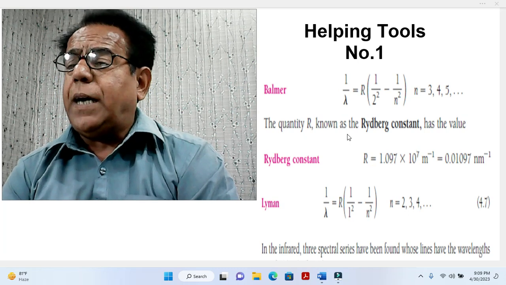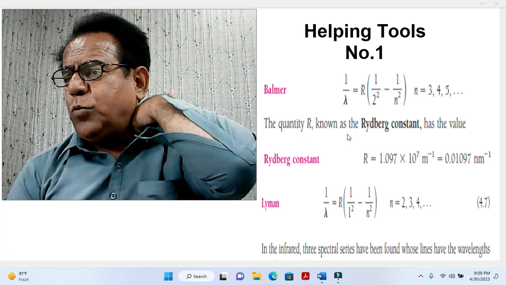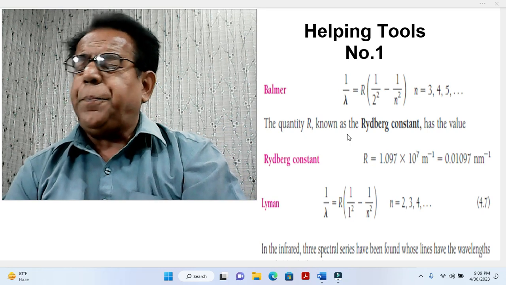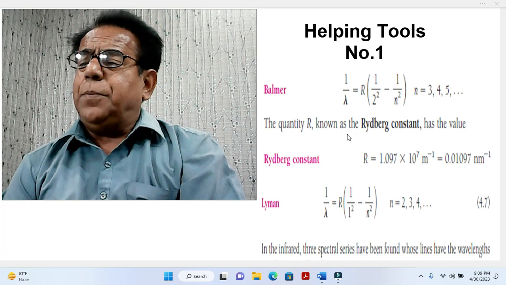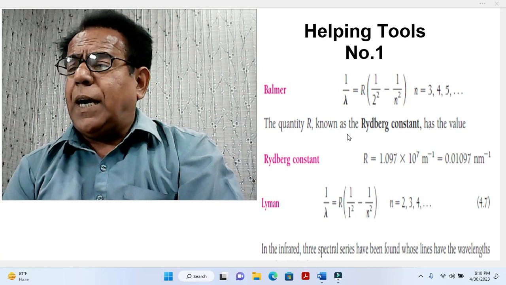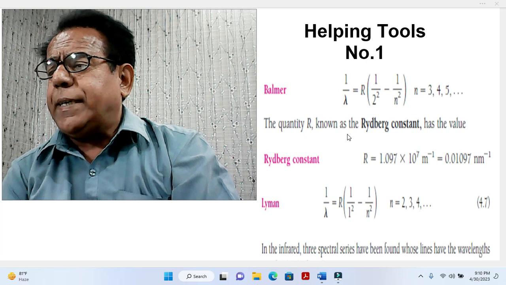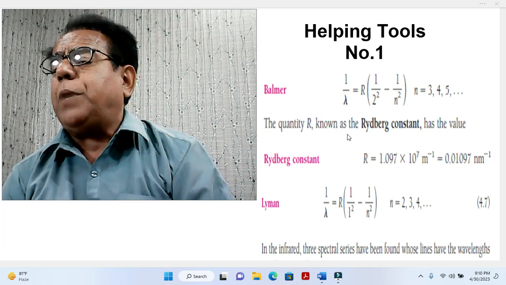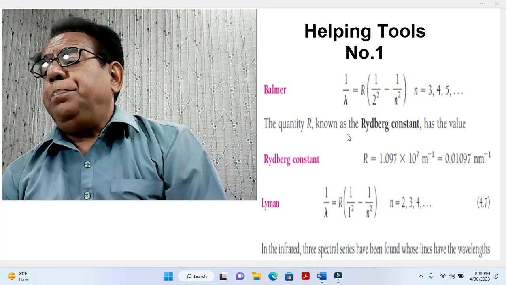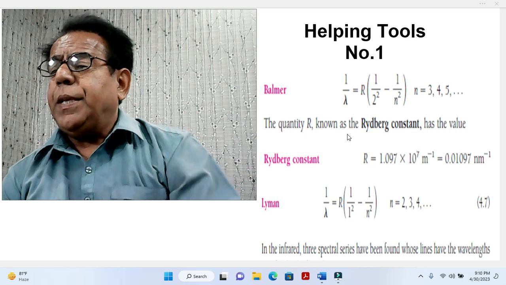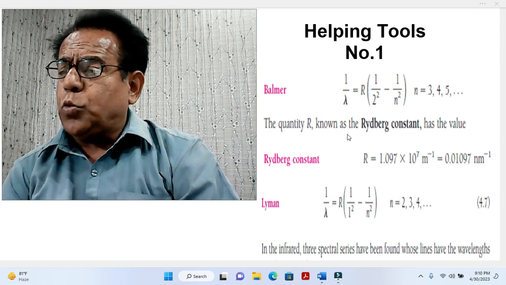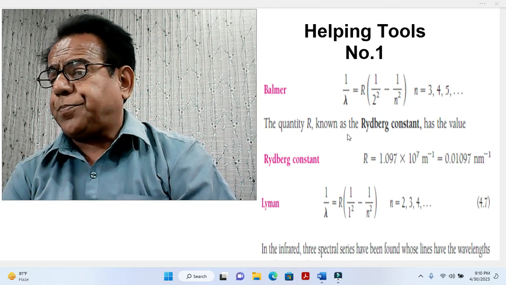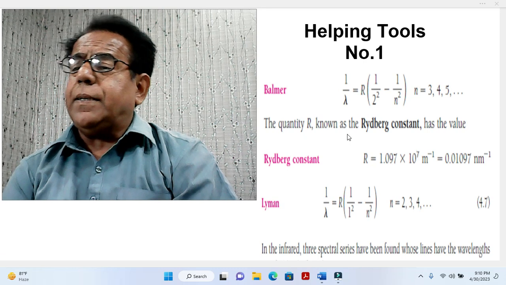The quantity R is known as the Rydberg constant, which has the value R equal to 1.097 into 10 to power 7 per meter, which alternatively becomes equal to 0.01097 per nanometer. This is the Rydberg constant.